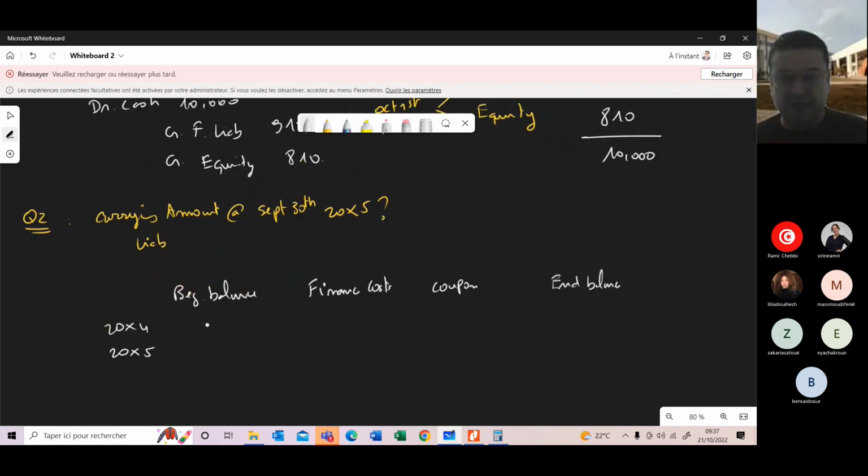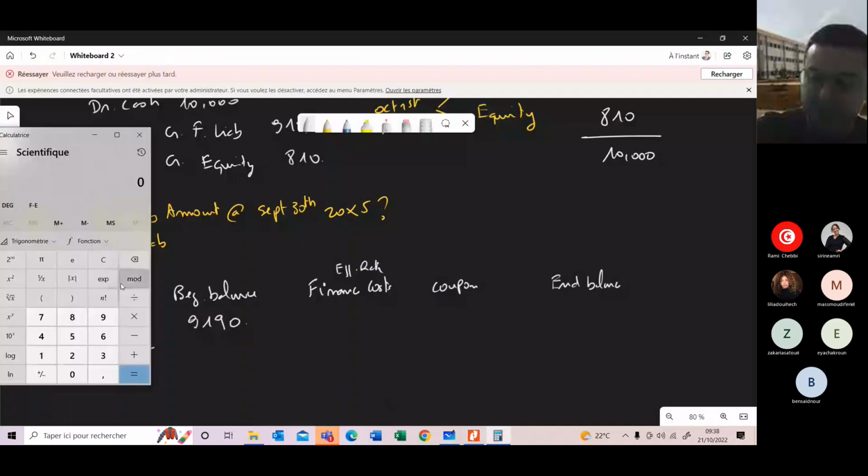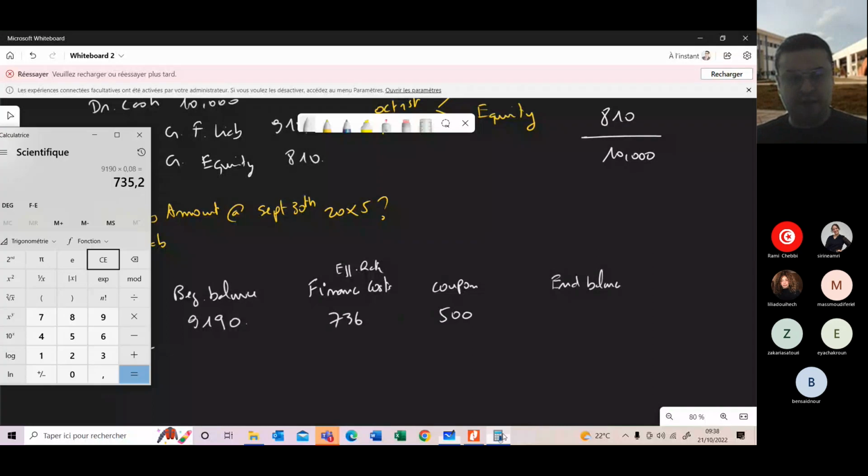The finance cost is based on the effective interest rate, and the effective interest rate is 8%. 9,190 times 8%, 736. Coupon is 500. And the ending balance is 9,190 plus 736 minus 500. It's 9,426.